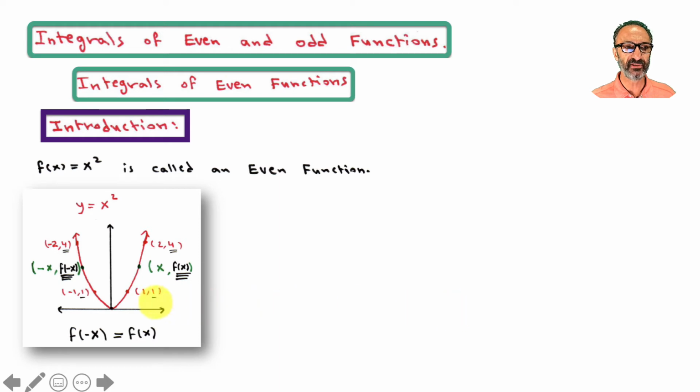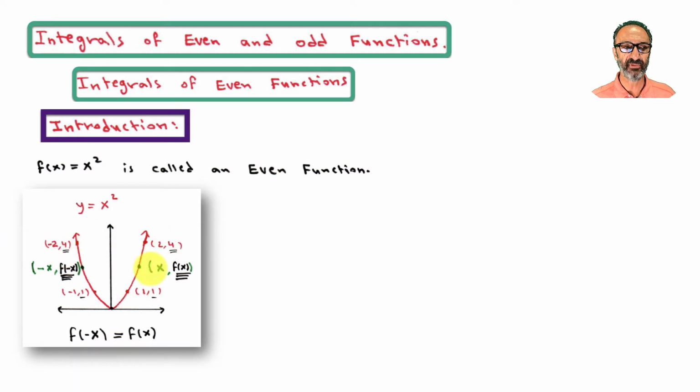If you notice right here, 1 takes you up to 1, negative 1 takes you up to 1 also. In general, x takes you to f of x, but negative x, which is on the other side of the y-axis with the same distance, takes you also to the same output. F of negative x is up here, f of x is up here, and they're both at the same level.